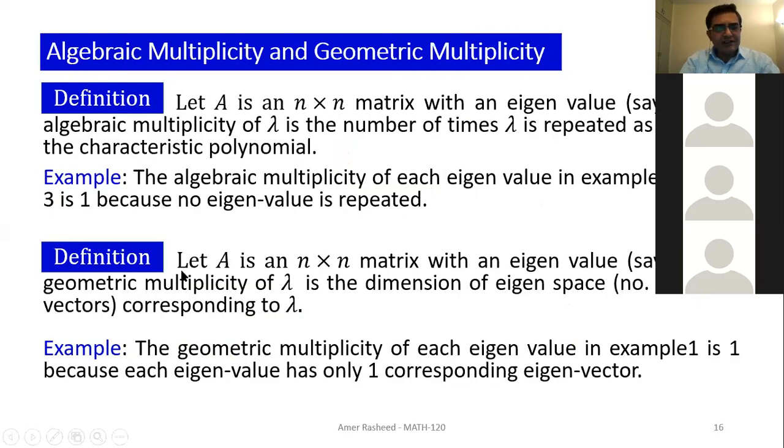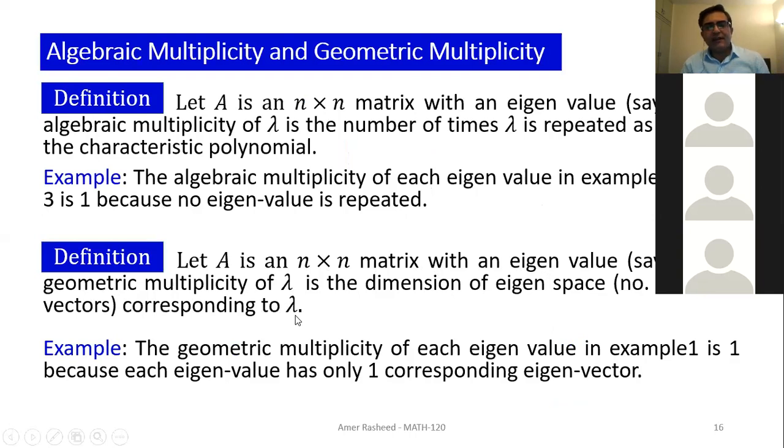Now we are going to discuss the second definition, which is geometric multiplicity of lambda. Let A be an n cross n matrix with an eigenvalue, say lambda. The geometric multiplicity of lambda is the dimension of the eigenspace, meaning the number of eigenvectors corresponding to lambda.